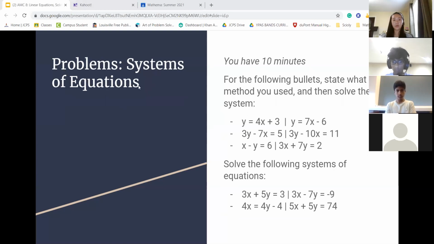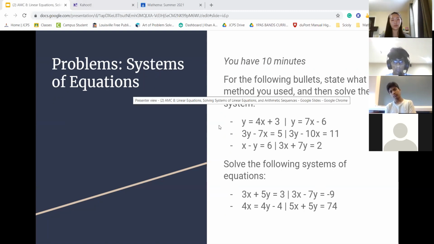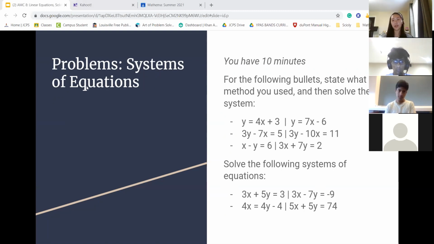Okay, we're going to do a little bit of practice right now. You guys have 10 minutes to solve these 5 systems of equations. For the first 3, say which method out of the ones we just went over, substitution, elimination, or equal value method, you used to solve.